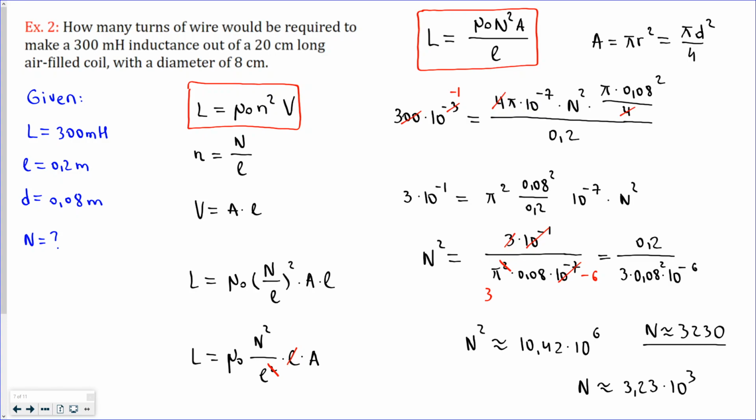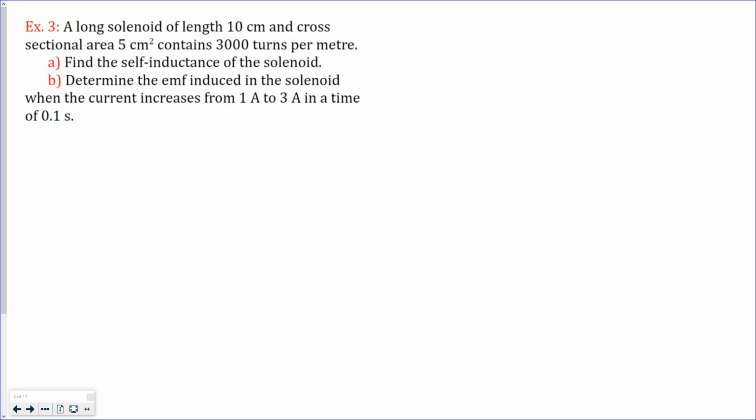Now let's go to the third problem. So what we have here, let's write the given. We have a solenoid, 10 centimeter length of solenoid, and it has a cross-sectional area 5 centimeters squared.